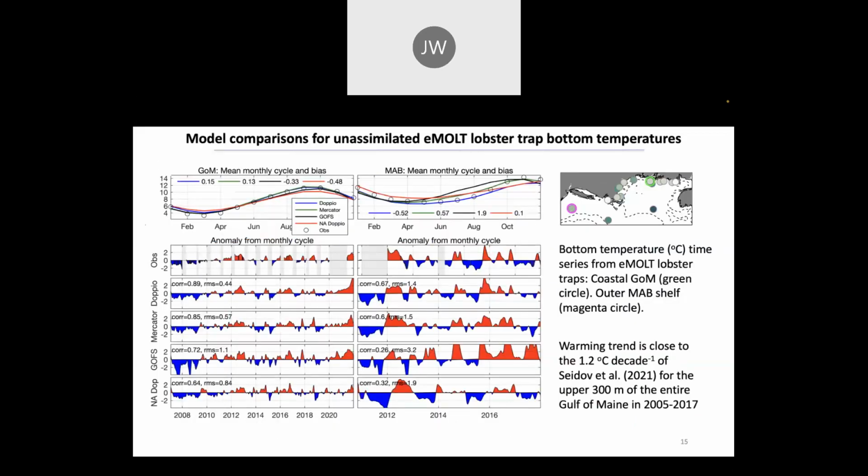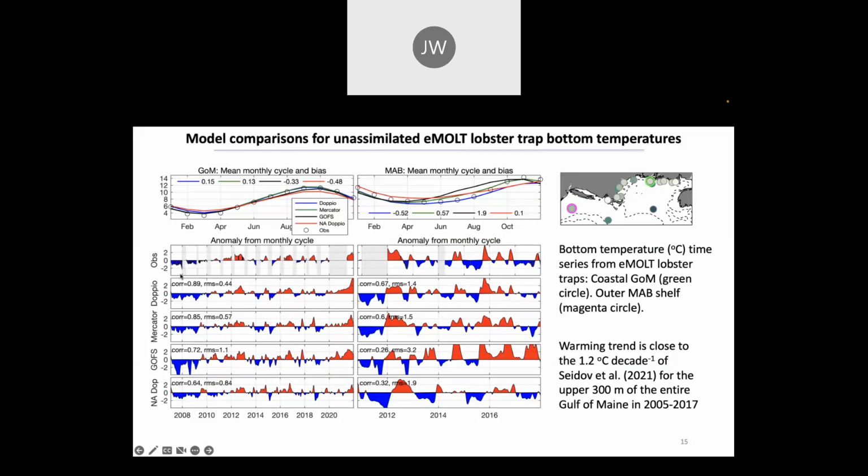Just a few other results. I've got just a couple of minutes. We've done all sorts of assessments of the model over a long 15-year analysis. And here are just a few results looking at what we've done in seasonal cycles so that we can look at interannual and mesoscale variability. So what we're seeing is anomaly of the bottom temperature in the Gulf of Maine.